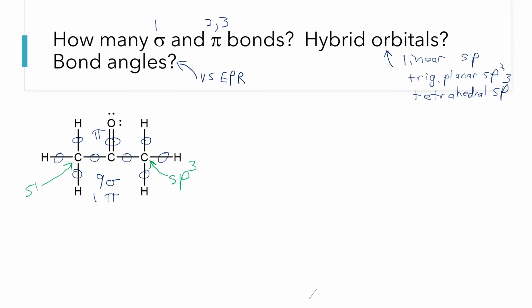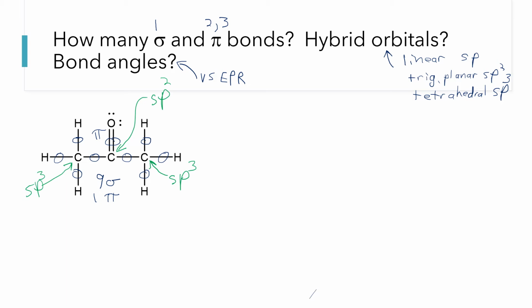So both of those are sp3. This middle carbon that's bonded to an oxygen has 3 domains. 2 of them are single bonds, one's a double bond. So with 3 domains, that's trigonal planar, and trigonal planar is going to be sp2.